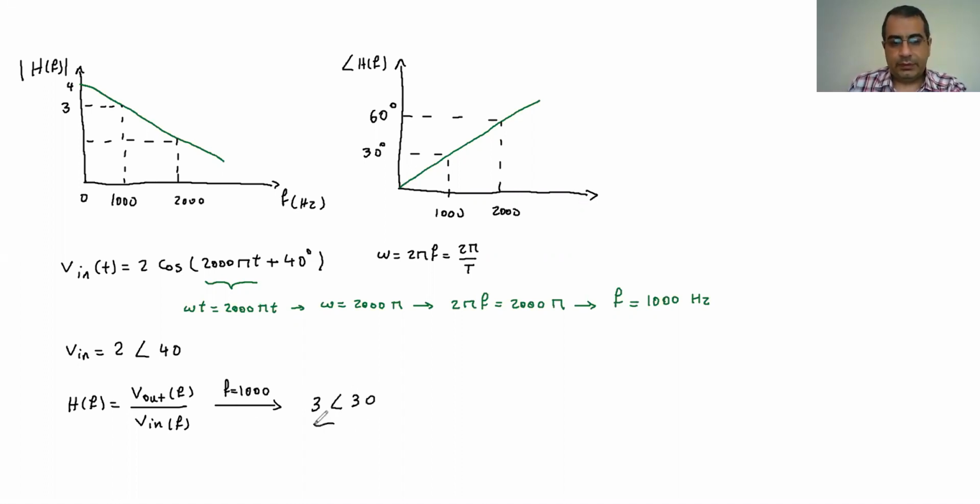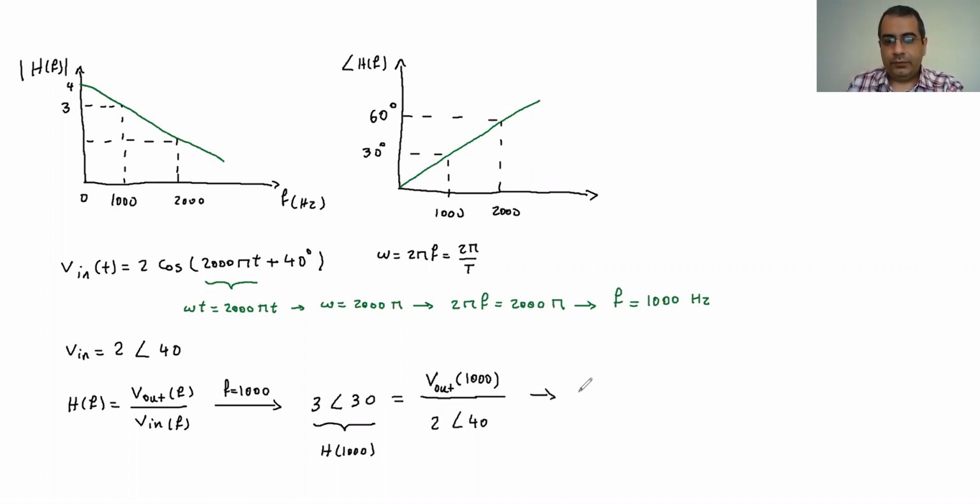I'm going to write it here. The H at 1000, with magnitude of 3 and angle of 30, is equal to the V out at 1000 divided by V in at 1000. We don't know V out; this is what we want to find out. The input at 1000 is 2 with angle of 40.